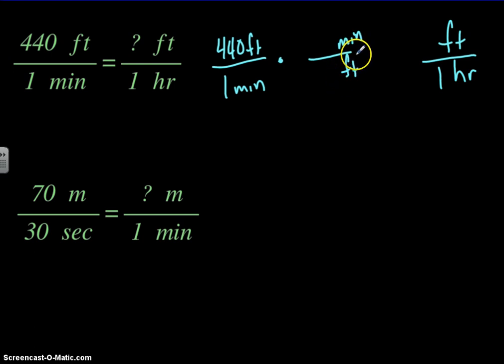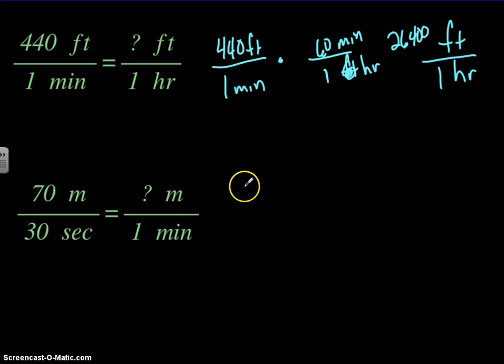No, I'm sorry. Yep, I'm getting rid of minutes and going to hours. Hours goes on bottom. Doesn't make sense to have minutes and feet. Okay, the larger unit gets a 1 beside it. There's 60 minutes in 1 hour. Now I simply multiply 440 times 60, and I get 26,400.